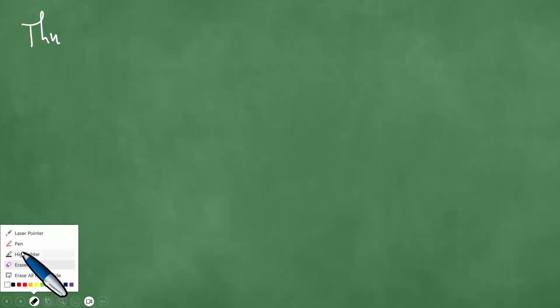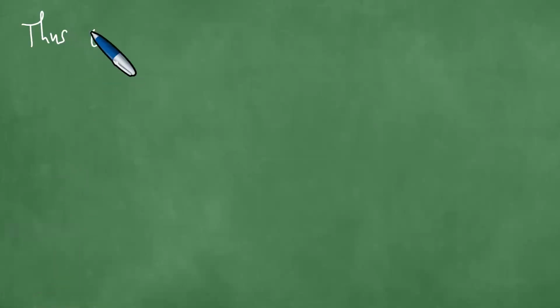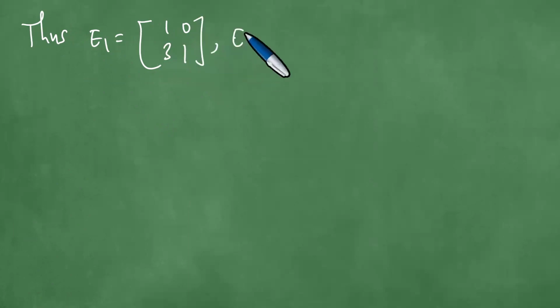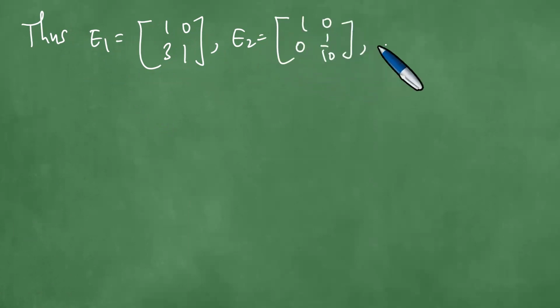Thus we are able to write that at this point, we have the first elementary matrix E1, which is 1, 0, 3, 1. The second elementary matrix, 1, 0, 0, 1 over 10.